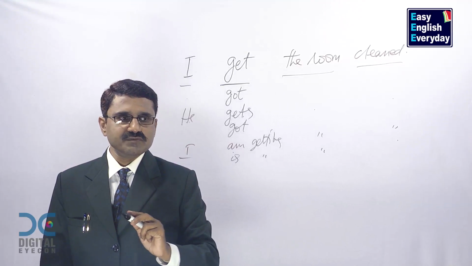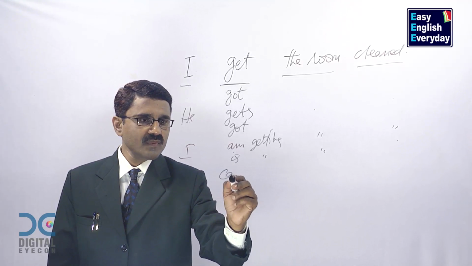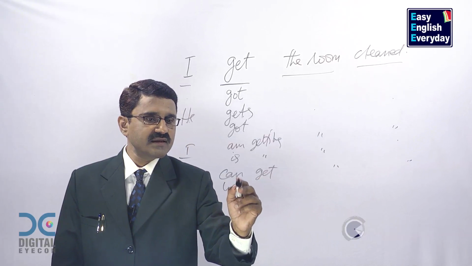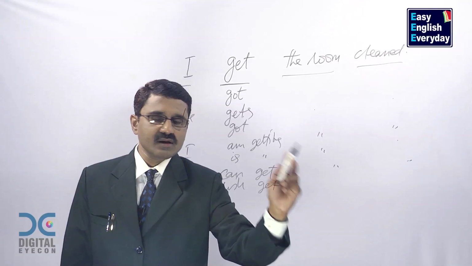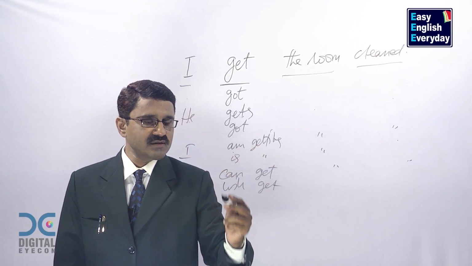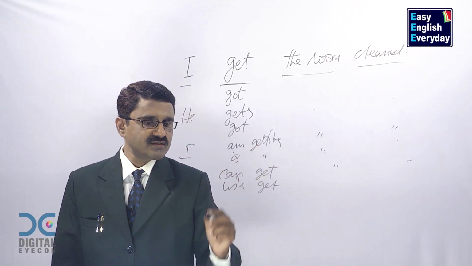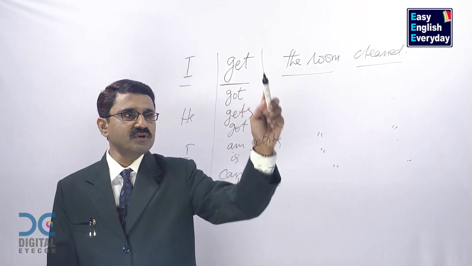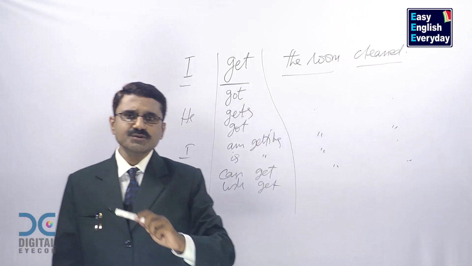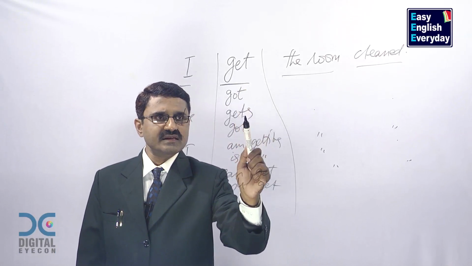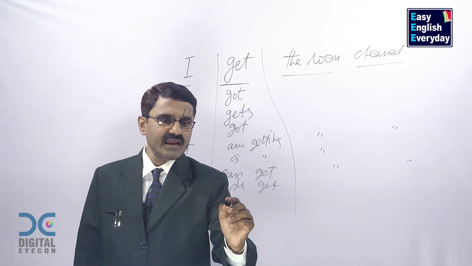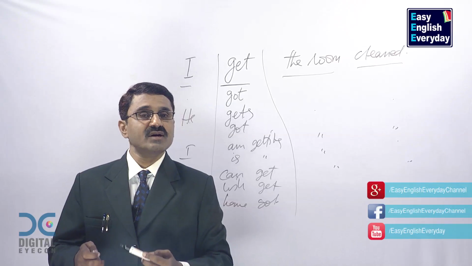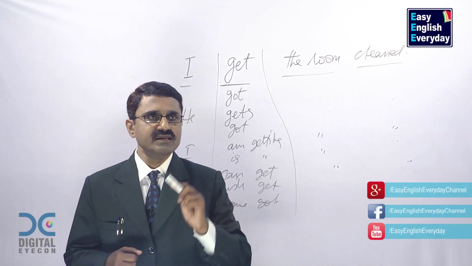If you want to use it with other verbs, I can get the room cleaned. I will get the room cleaned. I should get the room cleaned. I must get the room cleaned. I ought to get the room cleaned. So it is quite flexible and comfortable. According to your requirement, get, gets, got, or I have got the room cleaned, or I can get, I may get, I will get, I should get the room cleaned.